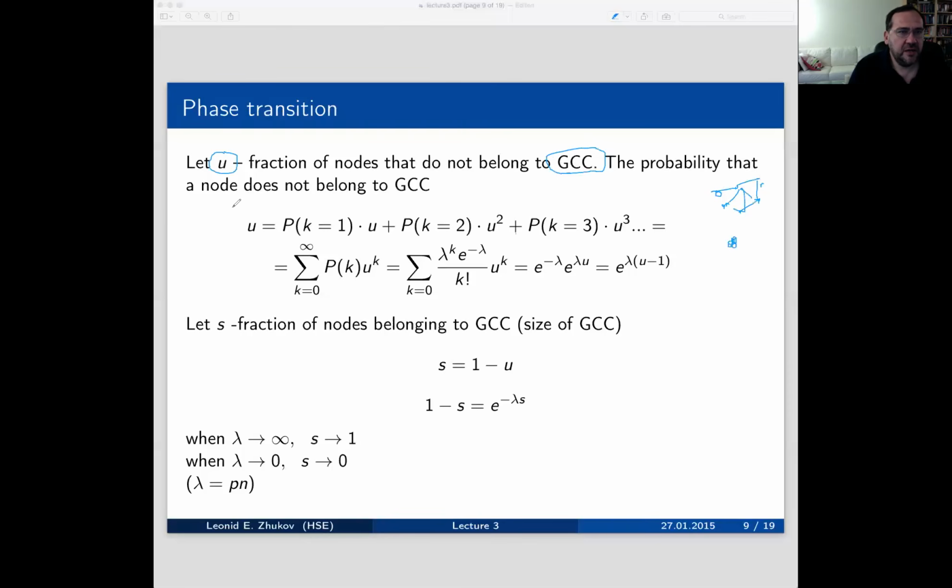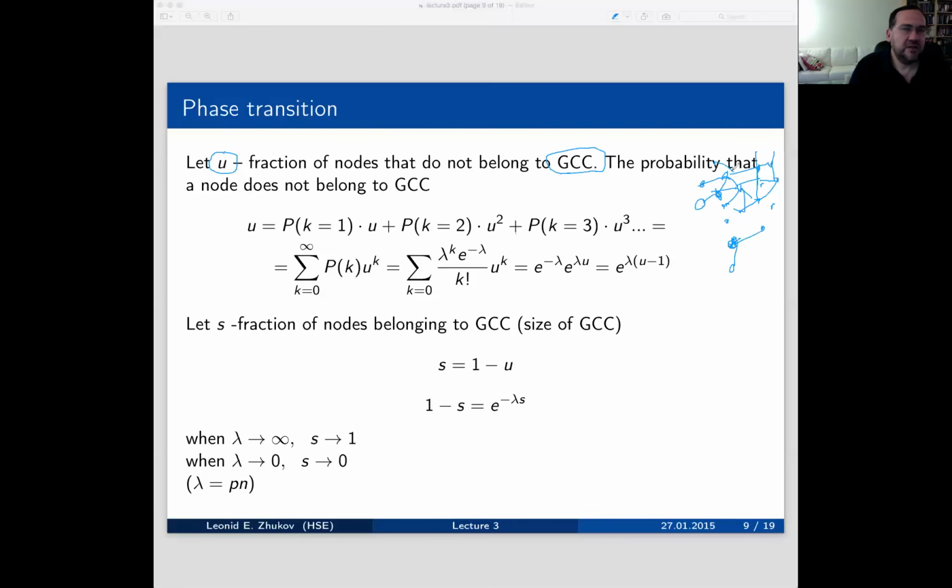So we have this GCC where nodes are connected between themselves, and we have a node here, and there is another node, and another node, and this can be connected to this node, but they are not part of this gigantic component with the rest of the nodes, okay? And so what we're going to try to do is figure out when these nodes join the gigantic connected component, and when the component grows to cover all the nodes in the graph.